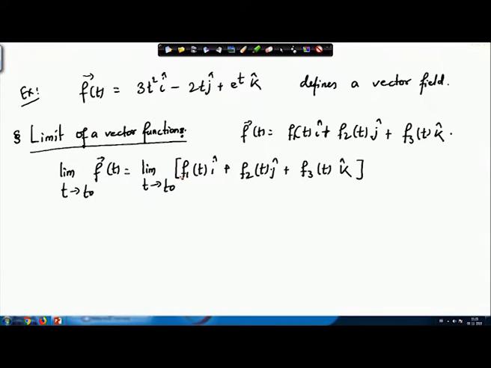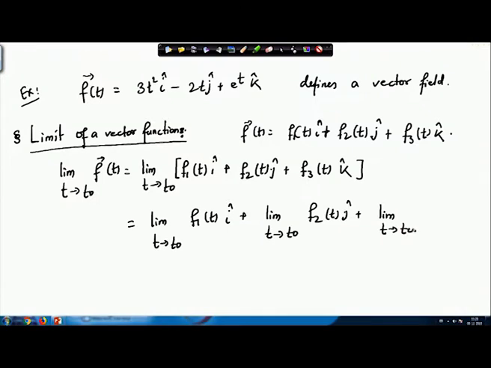So, here we are defining the limits. This is the required way to define the limit.